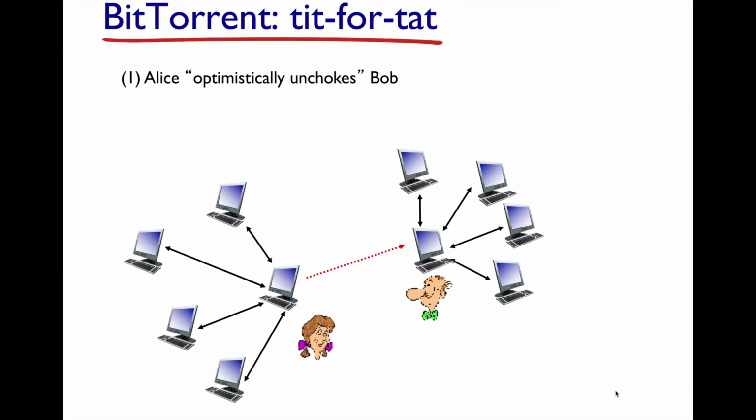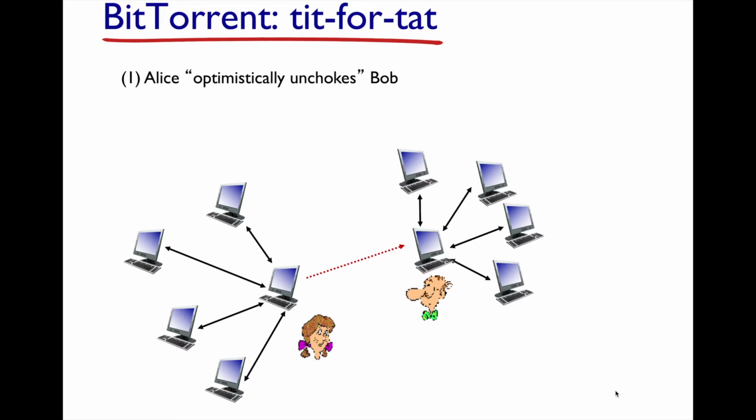Those who are valuable trading partners are those whom she downloads from. That's exploitation. You're maximizing or optimizing on something. And so this optimistic unchoking is the exploration part, and Alice makes a random choice and randomly unchokes one of her potential trading partners with the hopes that maybe this person might in the near future become a fruitful or valuable trading partner.